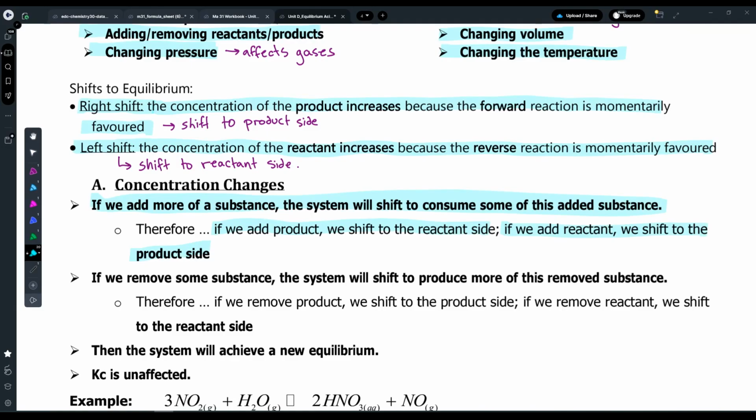Now, if we remove a substance, the system will shift to produce more of the removed substance. So if you remove a product, your equilibrium is going to shift to the product side. If you remove a reactant, the equilibrium will shift to the reactant side.